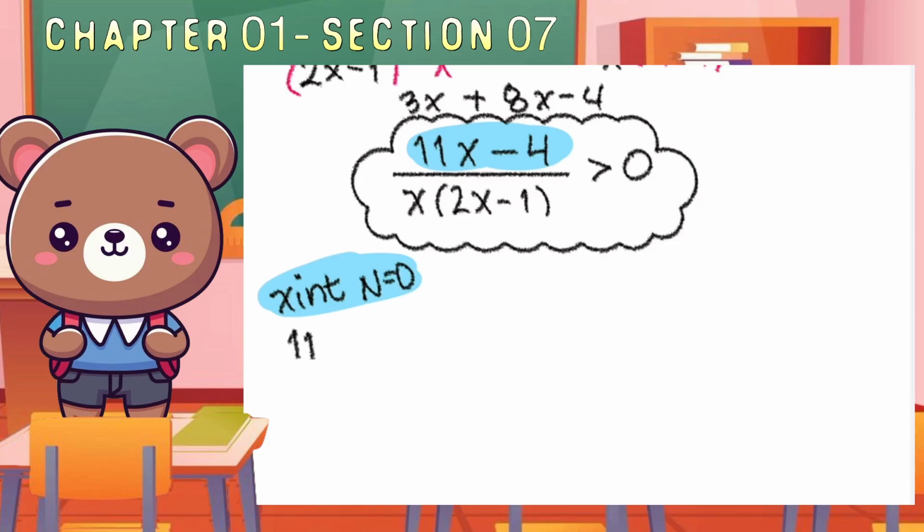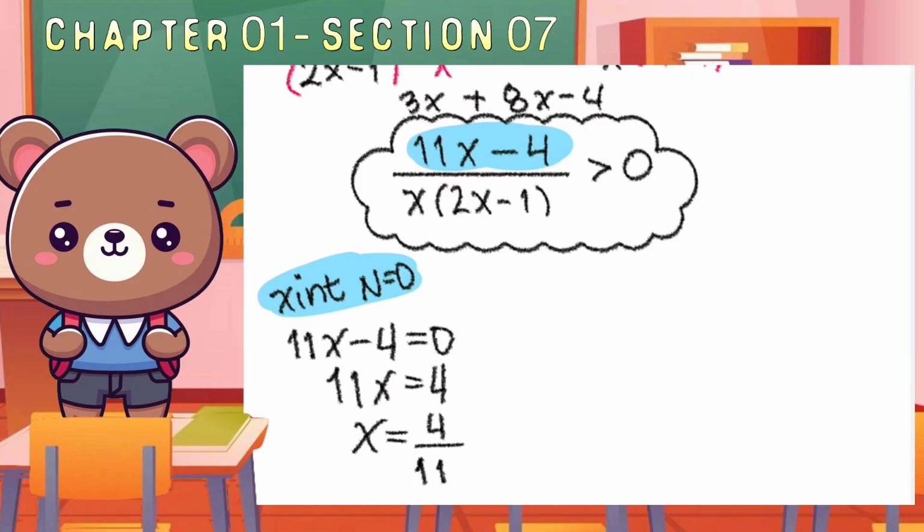So we will have 11x minus 4 equals 0, 11x is 4, so x is 4 over 11. Bam. Now, don't forget, that was first power, odd, opposite. So that one, odd, up.